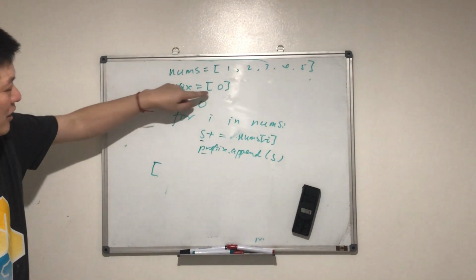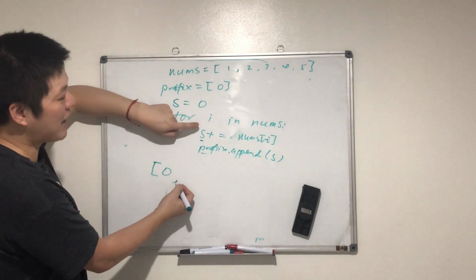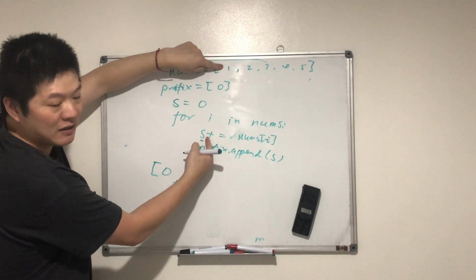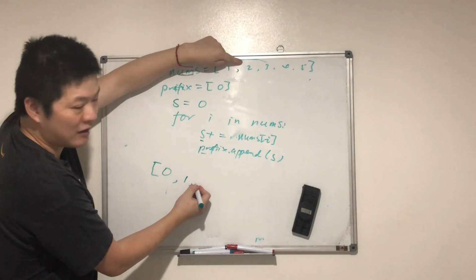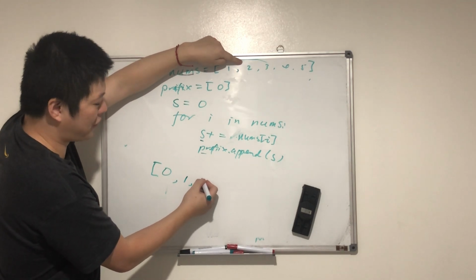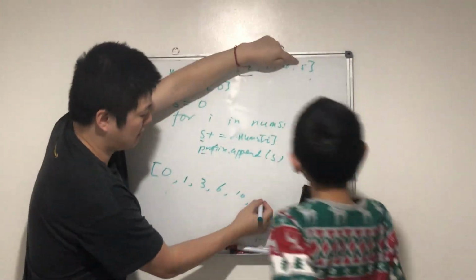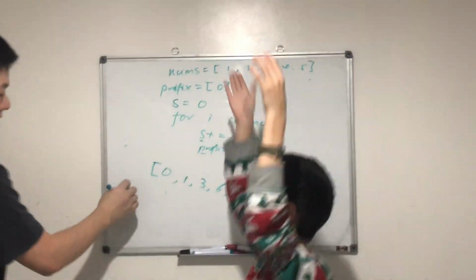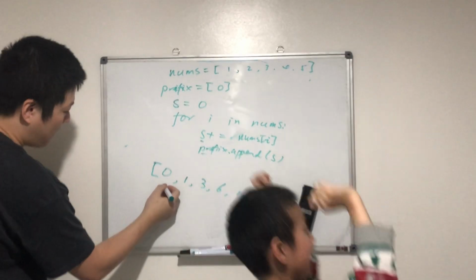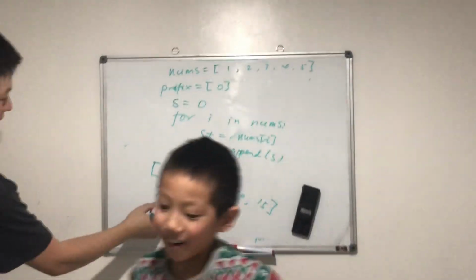Can you guess? We got the 0, and then for i in numbers, 1, and then 2. No, 1 plus 2, 3. And then 6, 10, 15. Okay, yeah, so that's the prefix sum, with 0 at index 0.